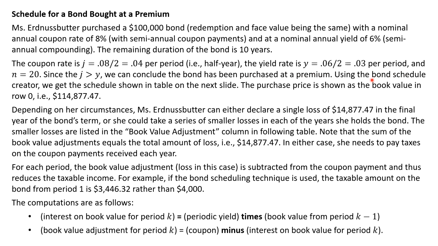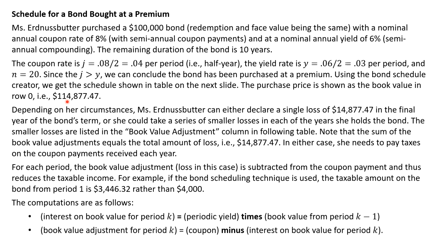And if we use the bond schedule creator, which I'll show you, it's a Python program to do the calculations, you see that under these conditions, the purchase price would be $114,877.47. So basically, Ms. Ernstbuter has a $100,000 bond. She paid over $114,000 for it.